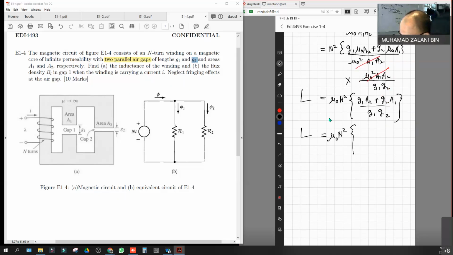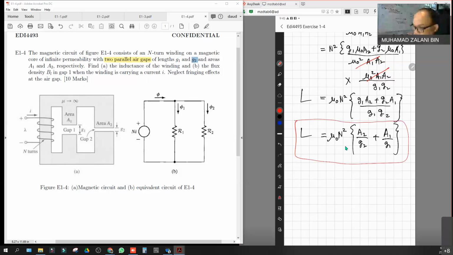We can break this down further. G1 A2 by G1 G2, so G1 cancels. What remains is A2 by G2 on this side. The other side is the same. G2 cancels, what remains is A1 by G1. Alright. So that's it. I think that's the final value of L.